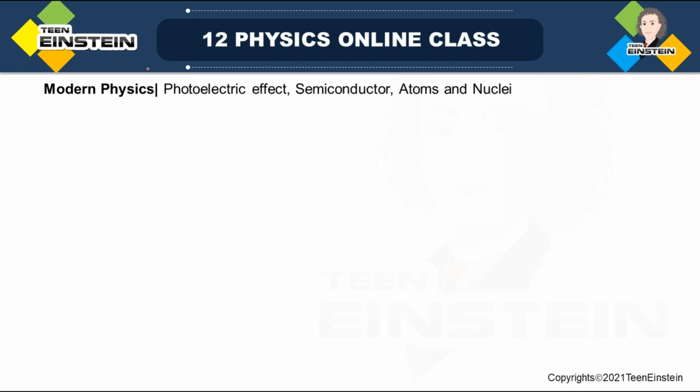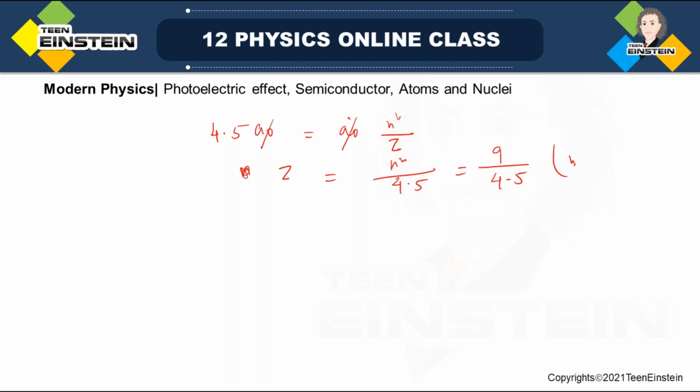Now we have 4.5 a0 is equal to a0 n square by Z. A0 can be cancelled out, and n we have got from the previous step, so n square by 4.5, n is 3, so it will be 9. So from here we can write Z is equal to 2.